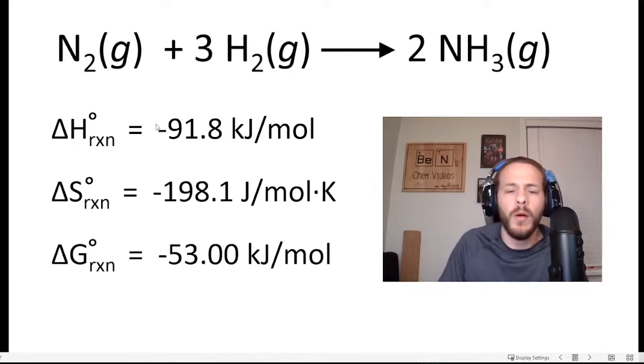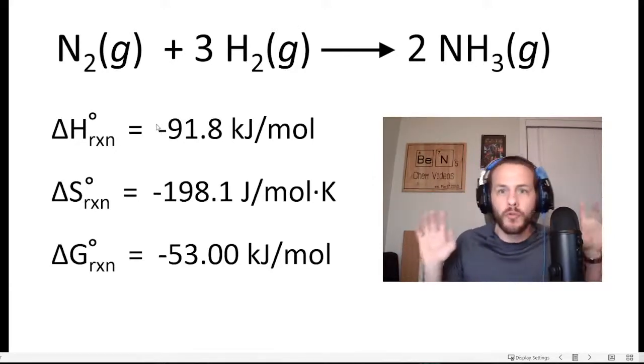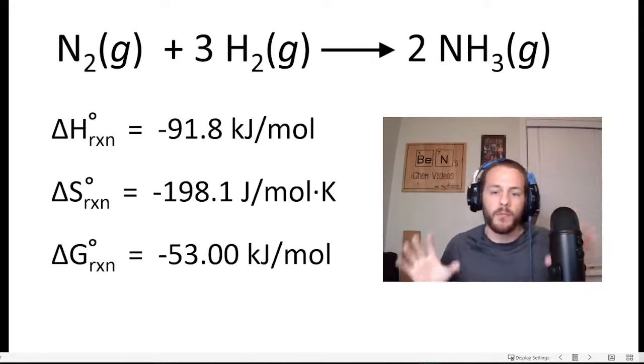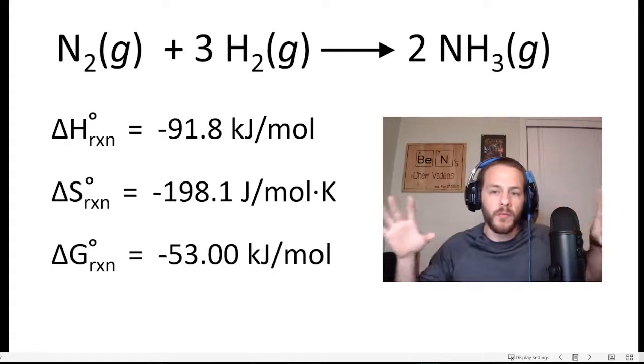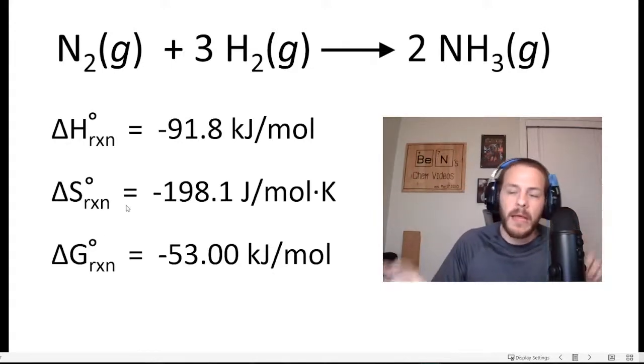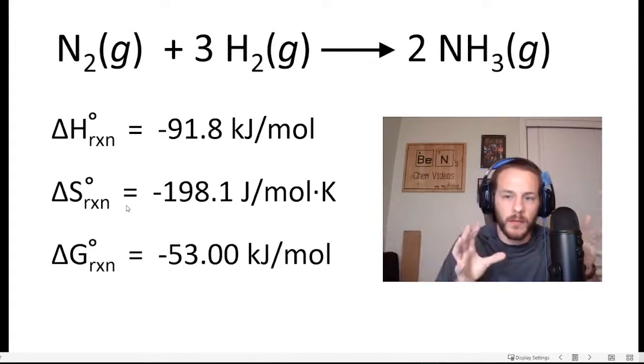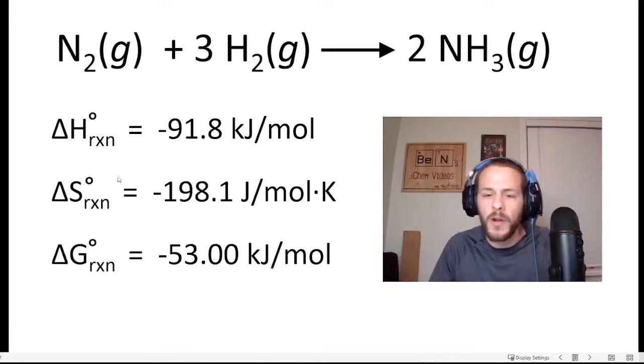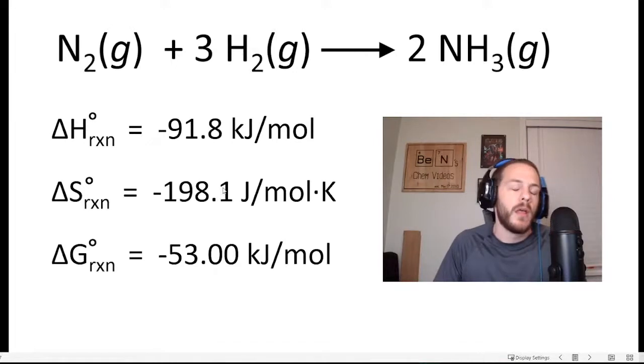And notice also that the entropy decreases for this reaction. Remember, the entropy of the reaction, delta S rxn, describes the system, not the universe, not the surroundings, but the system. So the entropy change for this reaction is negative.